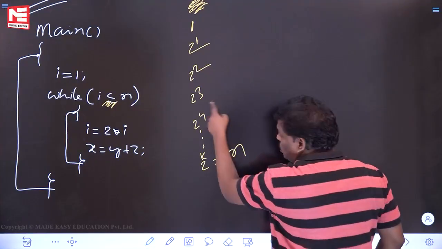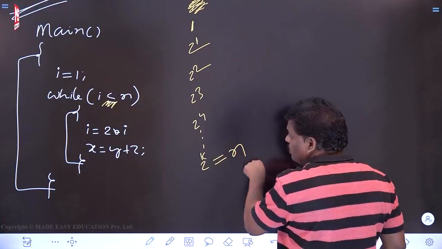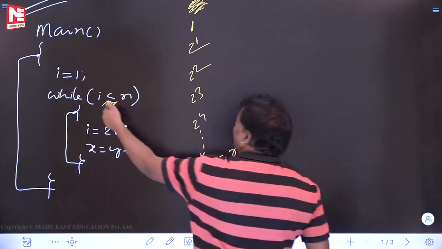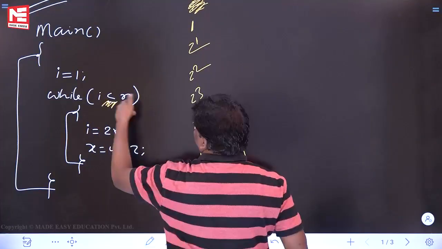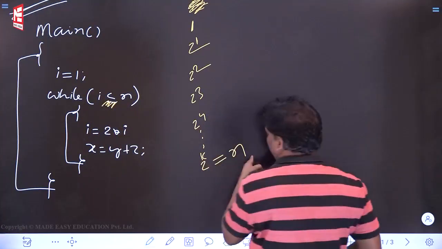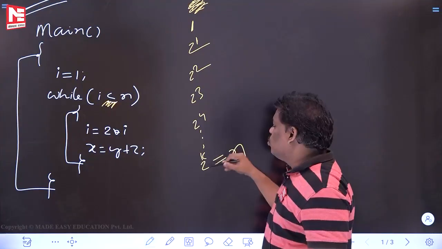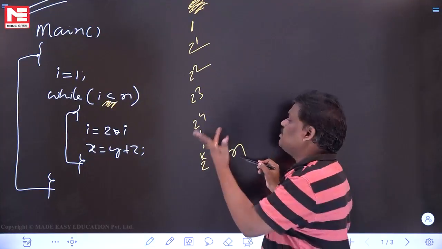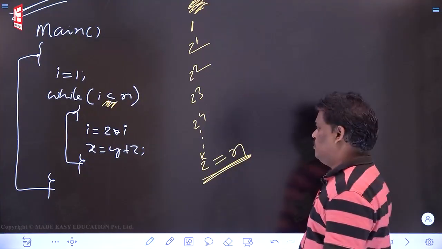I continued k times, it became 2 power k, and 2 power k becomes n, that is the reason I stop. Assume the i value is 2 power k, equal to n, then n less than n fails. This is the fail case, this is the place where the loop stops.